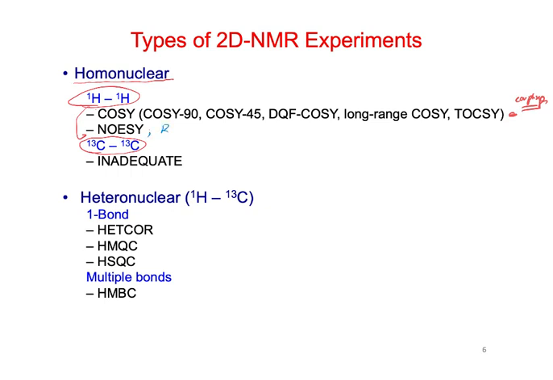There's another one called ROSY. These experiments are NOE experiments, so nuclear Overhauser effect. So remember, those experiments show through space interactions.